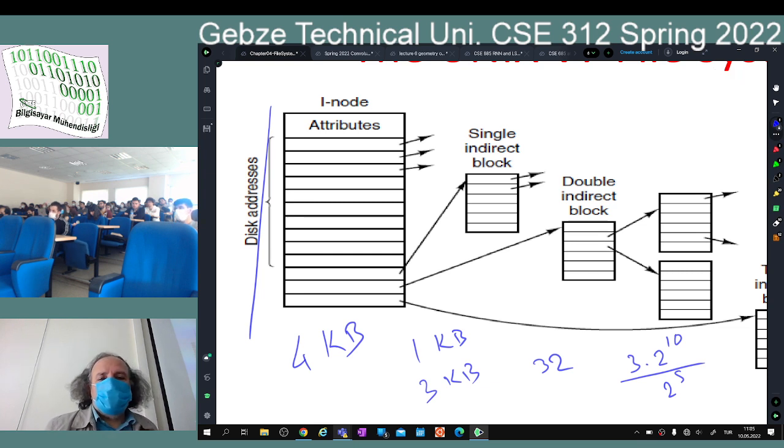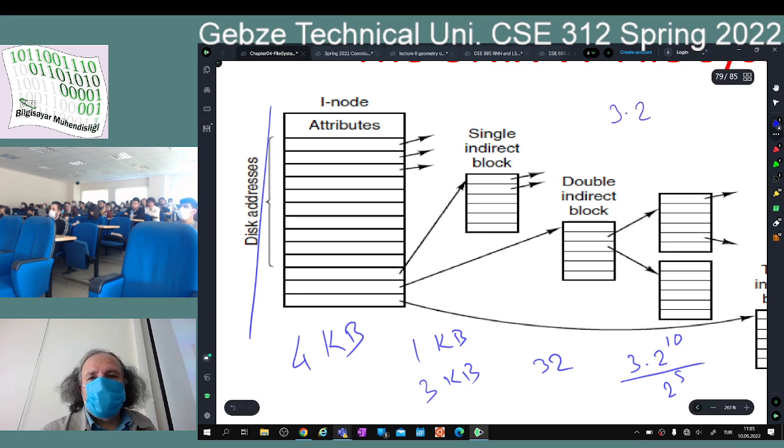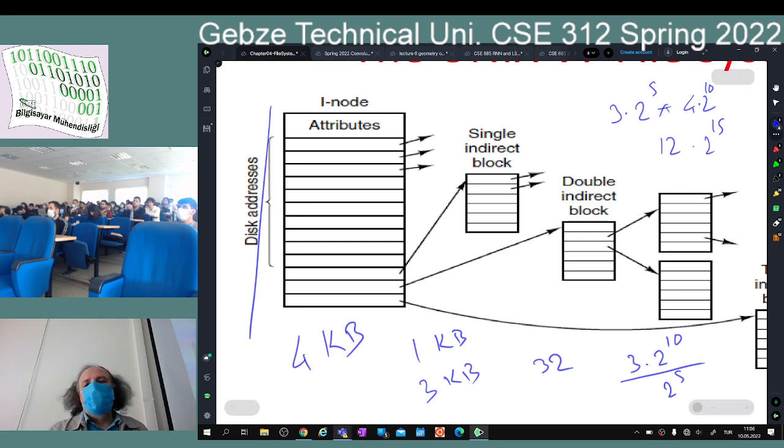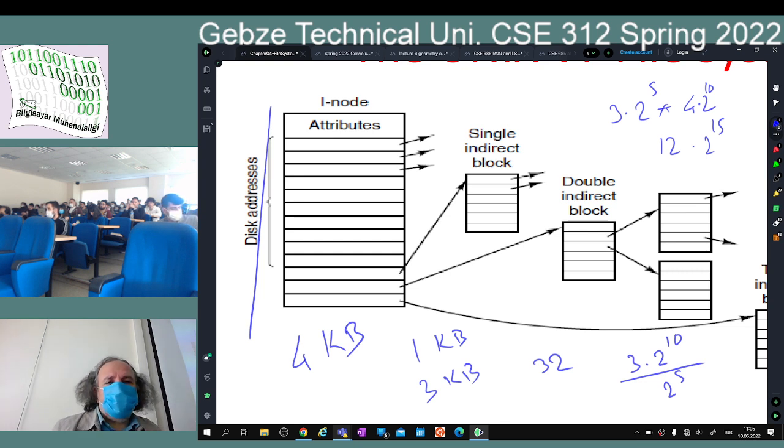Each one is 4 kilobytes, so it is 4 times 2 to the 10. It's going to be 12 times 2 to the 18. Okay, so it's not going to be very large. We are talking about a file size on the order of a megabyte or something. That's very small, but I didn't finish yet.